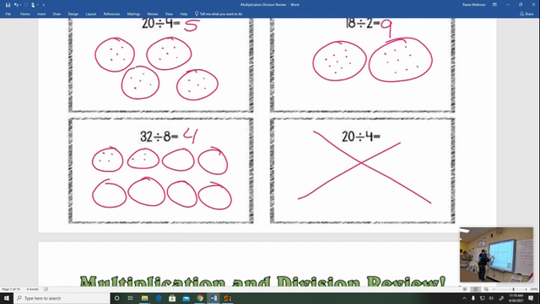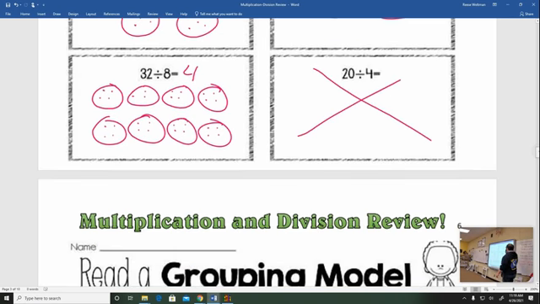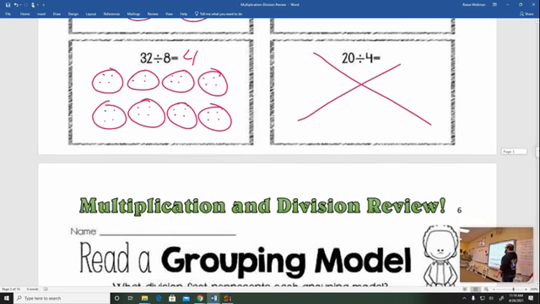I counted wrong. 32. I counted too fast. You could have done 32 groups, but that didn't work. You could do that as well.